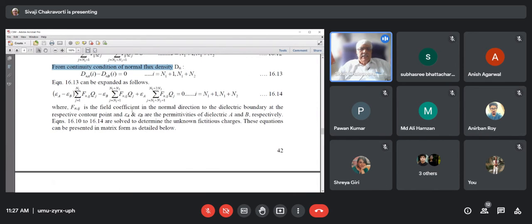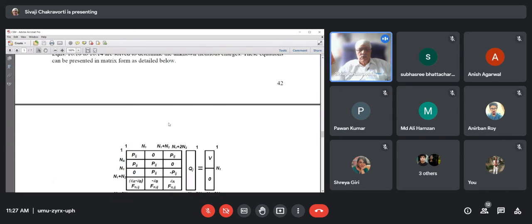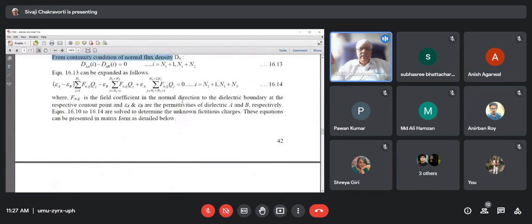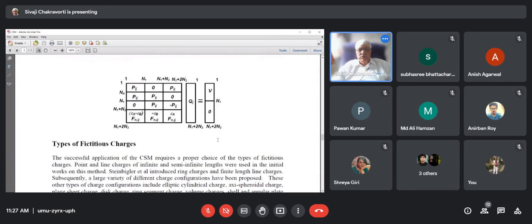Then the second one is minus epsilon b into Fnij, which is n1 plus 1 to n1 plus n2. So this is the second set of columns. And the third one is epsilon a into Fnij. That is n1 plus n2 plus 1 to n1 plus 2 n2. That's the third set of columns. So this is exactly the coefficient matrix for multi-dielectric arrangement.